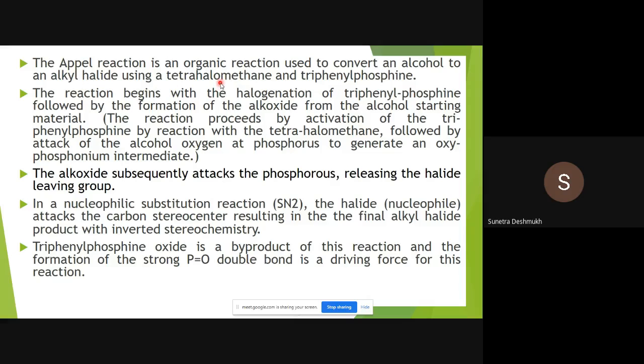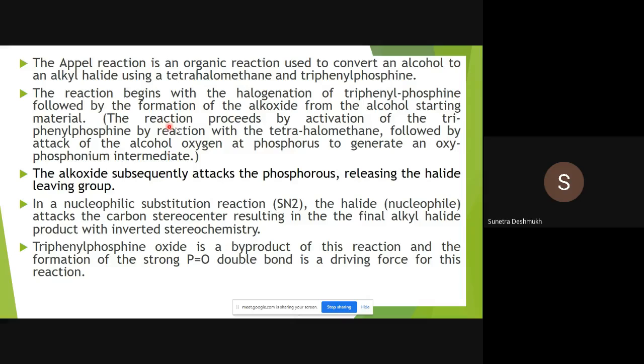The starting materials are the reagents tetrachloromethane, CCl4, and triphenylphosphine. Triphenylphosphine acts as a basic catalyst because phosphorus has a lone pair. The reaction begins with the halogenation of triphenylphosphine, followed by the formation of an alkoxide from the alcohol starting material.